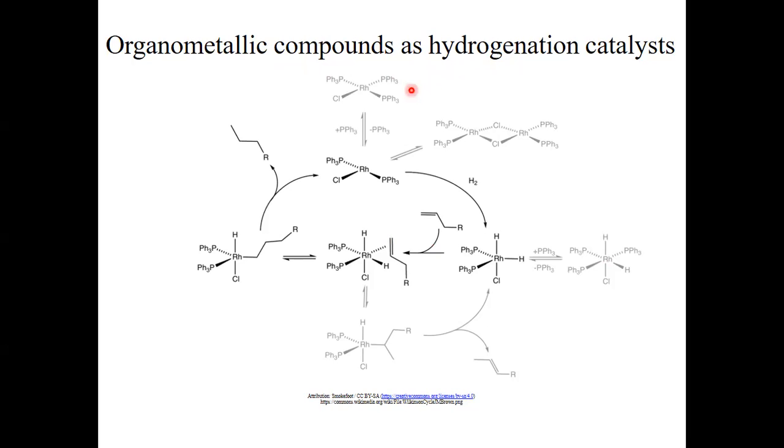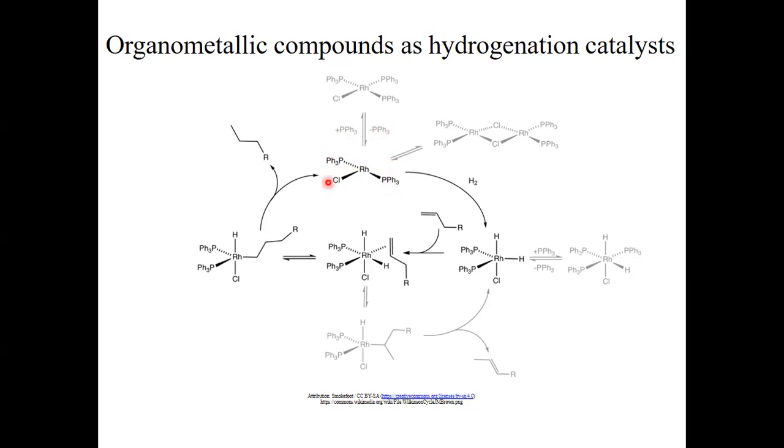So the pre-catalyst is this one here, and you see that we have rhodium in the oxidation state +1, three triphenylphosphine groups, and one chloro group. This molecule can statistically lose phosphine and produce this unsaturated compound with oxidation number +1 and coordination number 3.